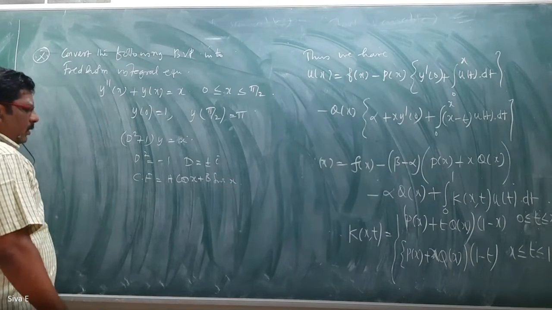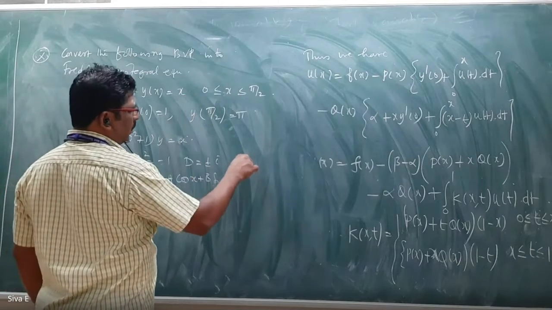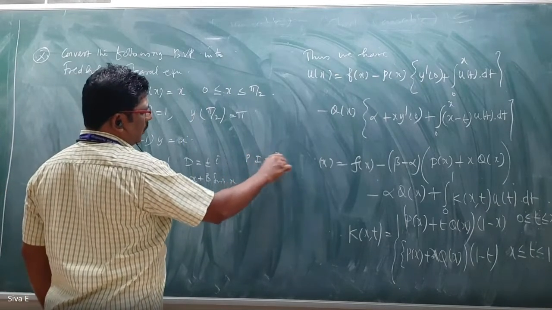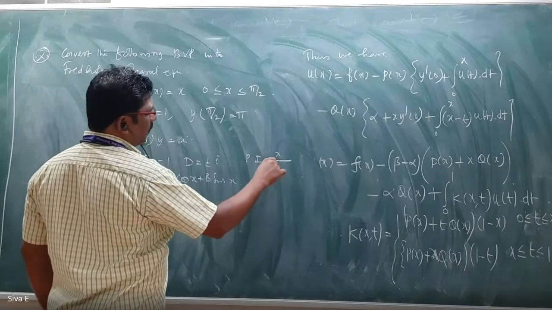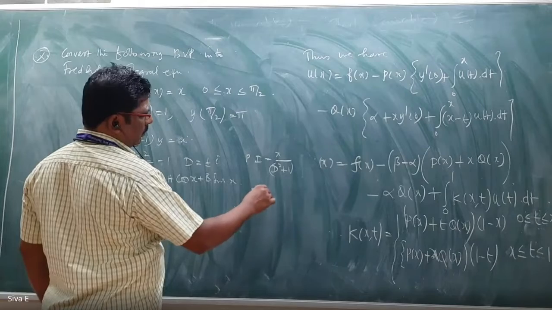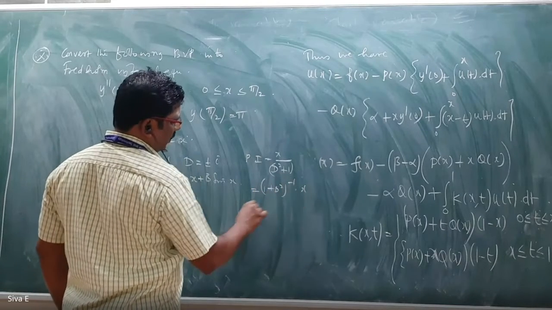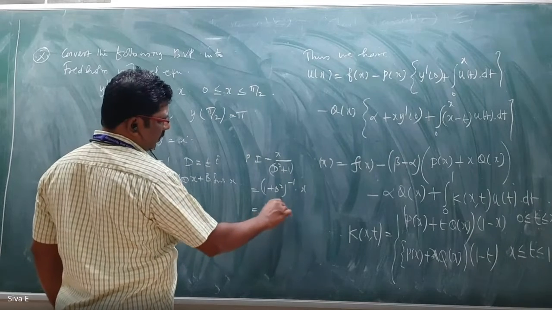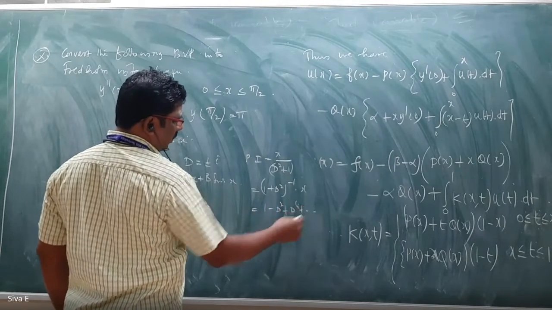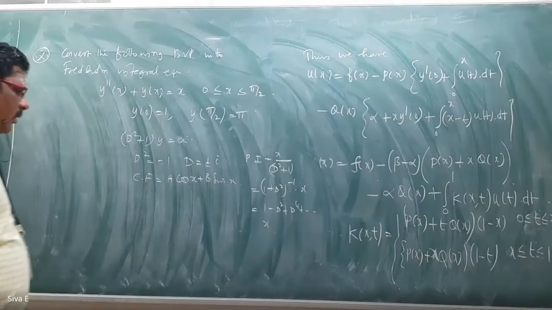And then the right side x is there, so the particular integral is x divided by d square plus 1, that is 1 plus d square power minus 1 into x, which is 1 minus d square plus d power 4 and so on, acting on x.